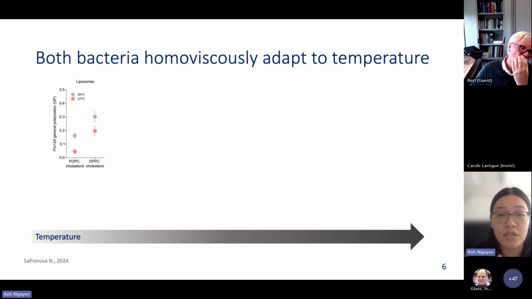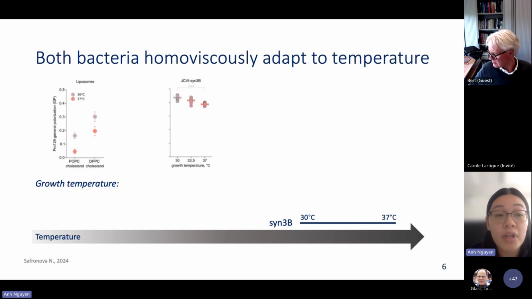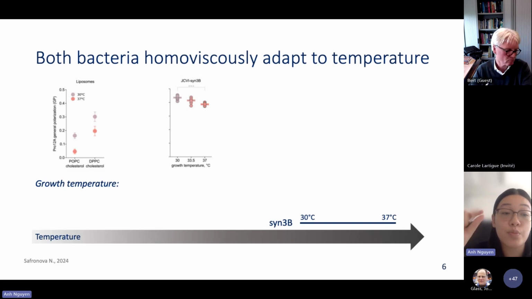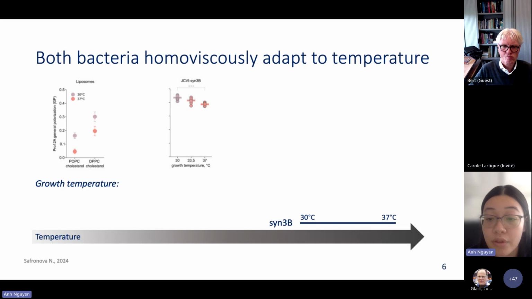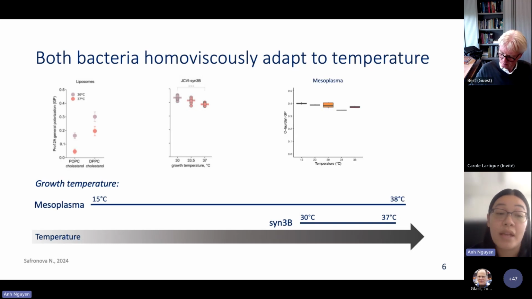Once you change lipid packing, all the other things can function less efficiently. So the role of the biological membrane, and the role for the organism to remodel the membrane, is to change the composition of the membrane to make sure that the spread in difference of lipid packing is less. Syn3 can do this in their growth temperature range from 30 to 37 degrees, and Mesoplasma can do this in their range from 15 to 38 degrees as well.